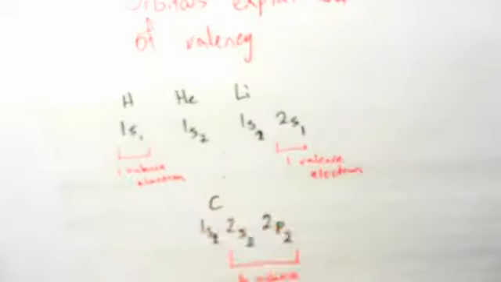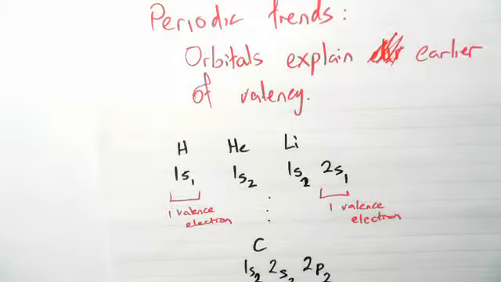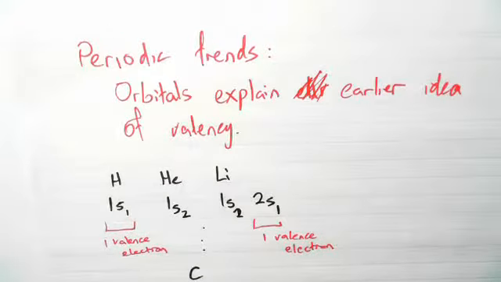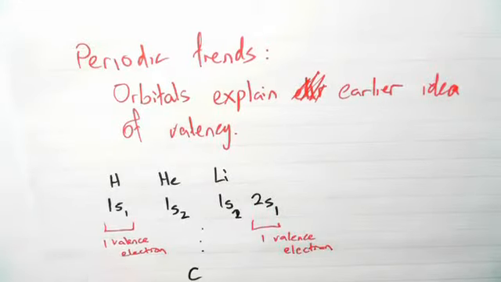So that's magnetism, and the last one is periodic trends. I didn't want to draw out a whole periodic table, but orbitals explain earlier ideas like valency a lot better. So here we have hydrogen, which is 1s1 configuration, so 1 valence electron.